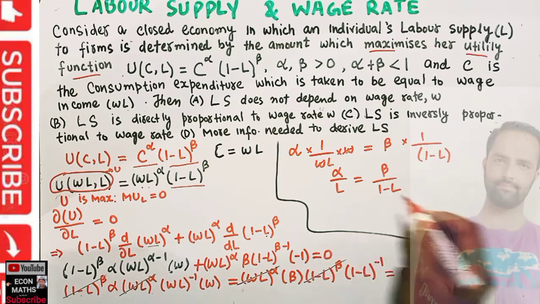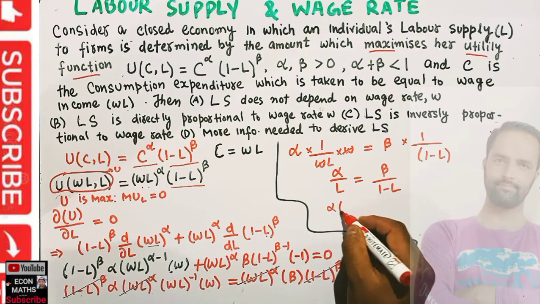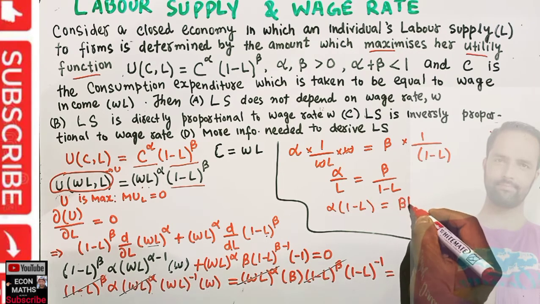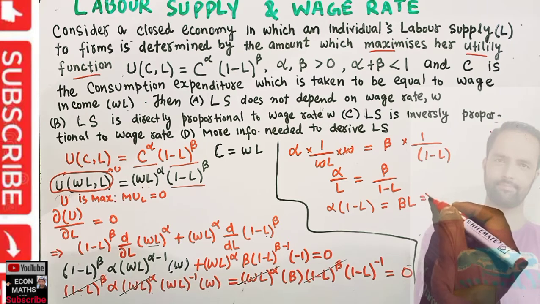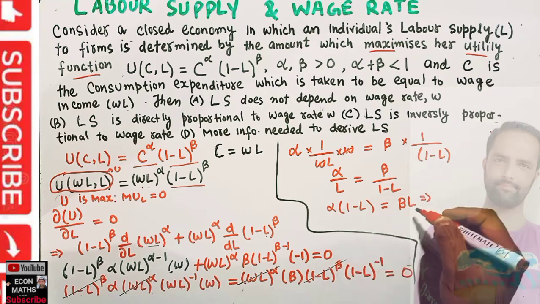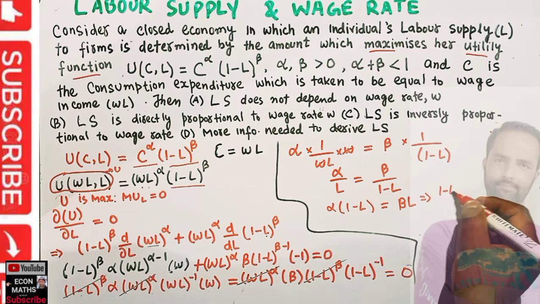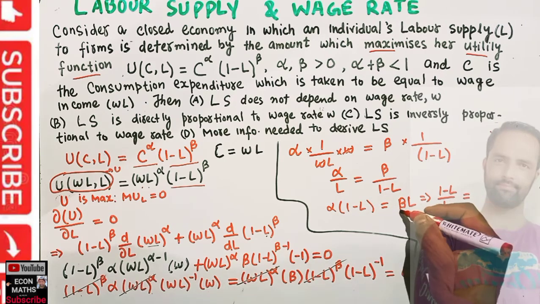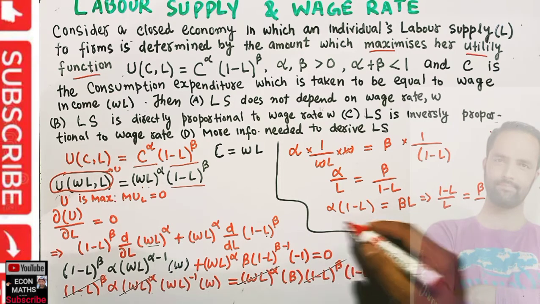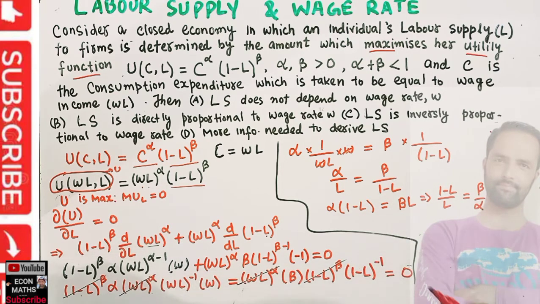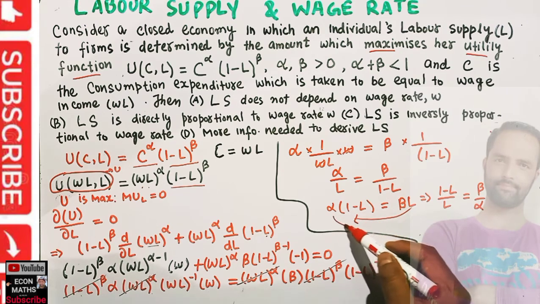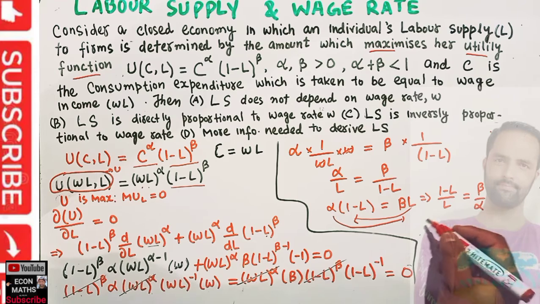Doing cross multiplication, we have alpha (1 minus L) is equal to beta L, which implies, taking beta and L on one side and alpha on the other, (1 minus L) upon L is equal to beta upon alpha. I have transposed this, so it gets divided, and alpha gets divided.